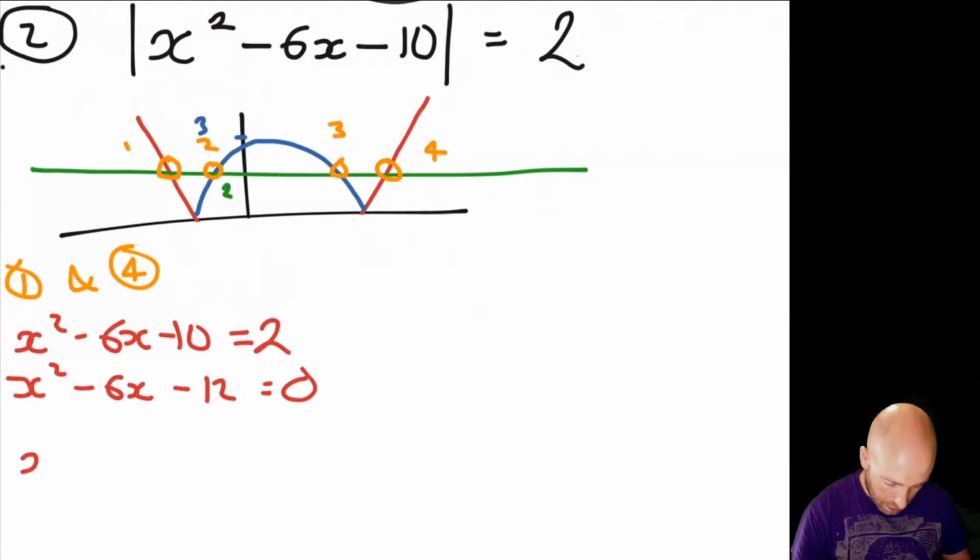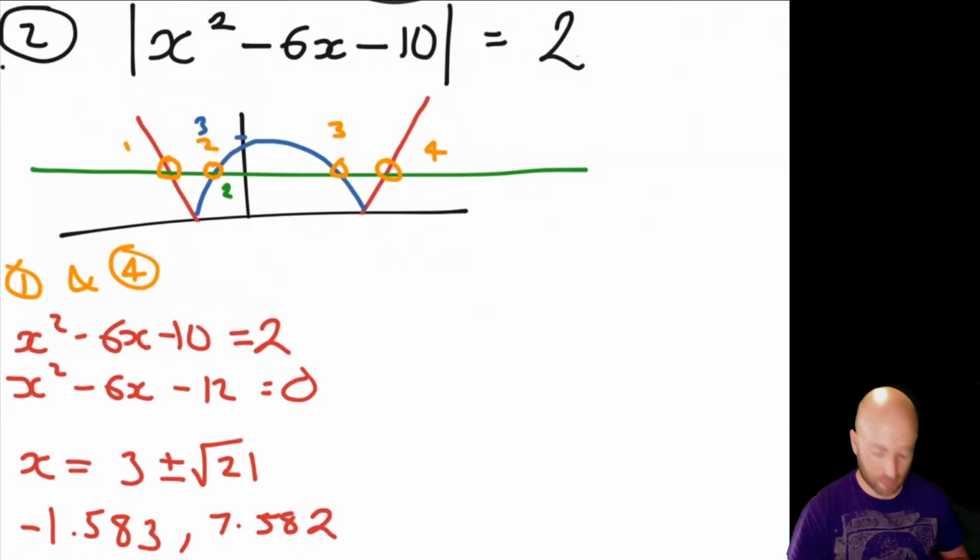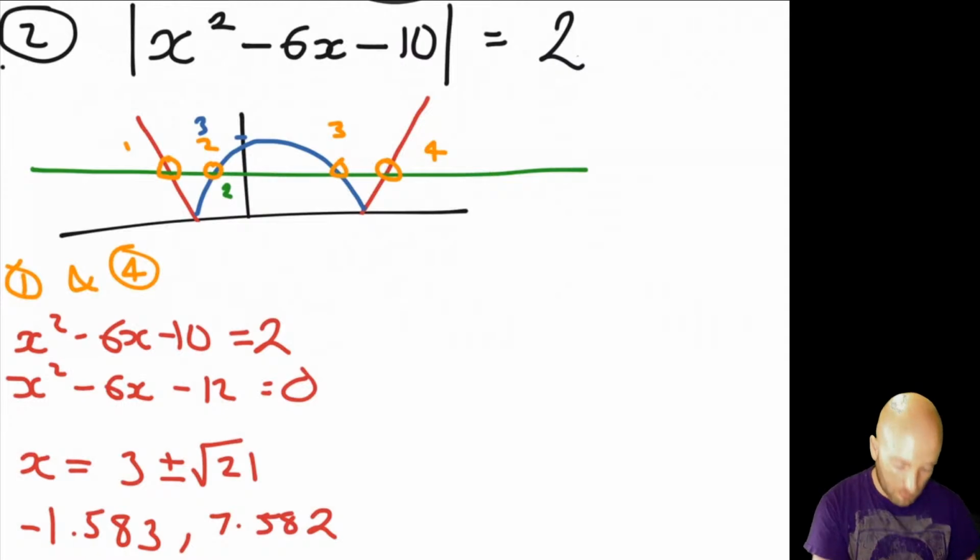If we solve that, we get x equals 3 plus or minus root 21, which is minus 1.583 and 7.582. So those are my 2 solutions. Well, the first 2 solutions. Second 2, 2 and 3, a little bit more difficult.